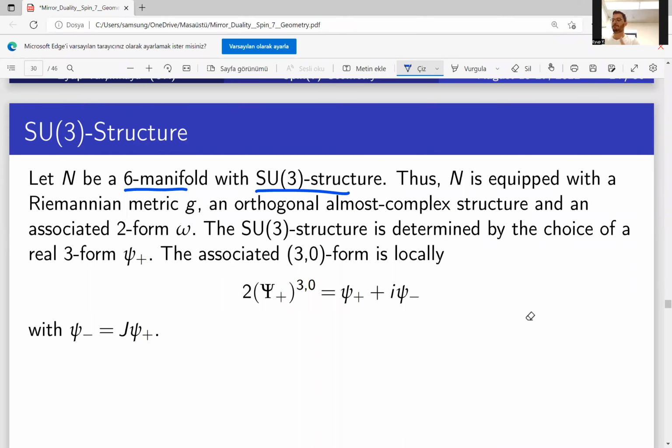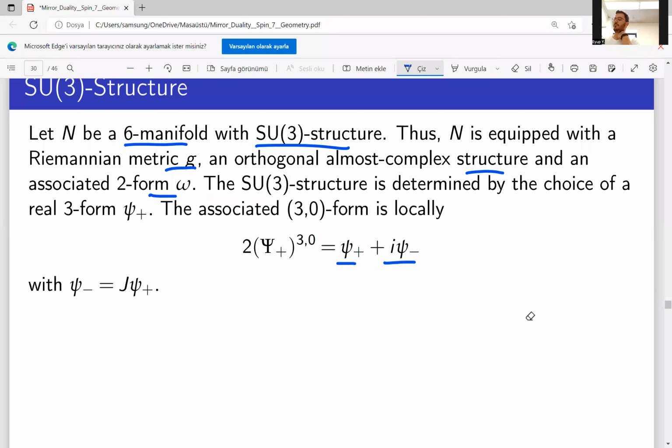Okay? At each point, the tangent space is isomorphic to R^6, and if you have the Riemannian metric and an orthogonal almost complex structure associated with the two-forms, how do we determine these forms?